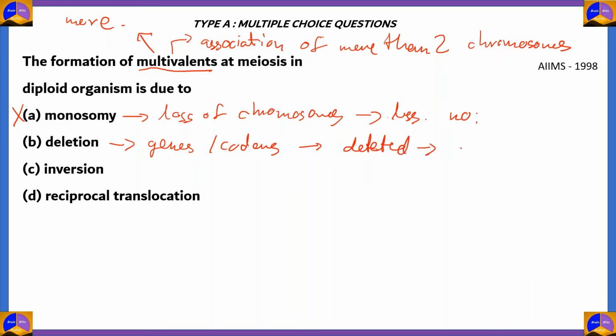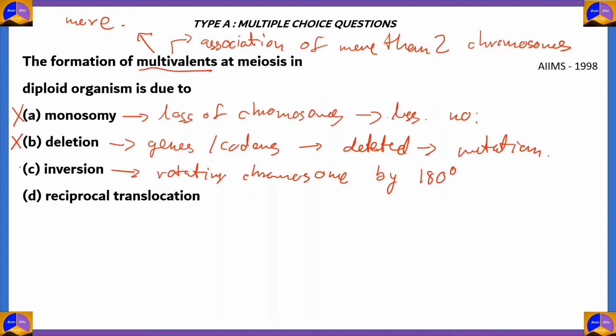So again, that leads to mutation, etc. But that does not lead to increase in the number of chromosomes. So option B is incorrect. What about option C, inversion? Inversion is rotating the chromosome, any particular chromosome, by 180 degrees. So option C is downright incorrect.